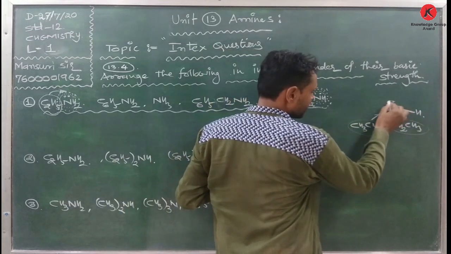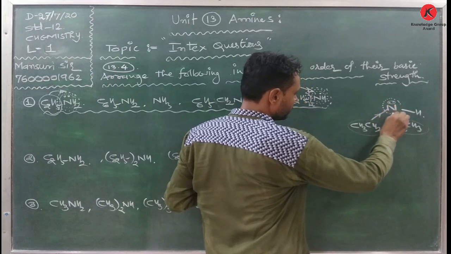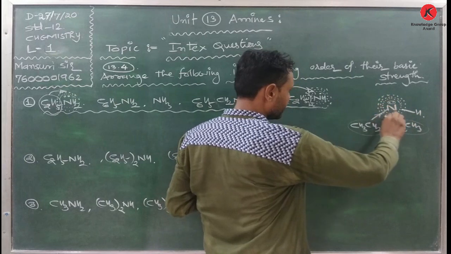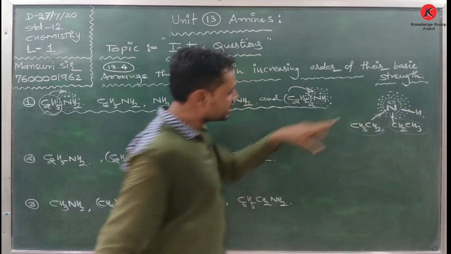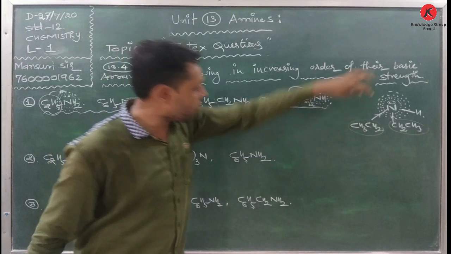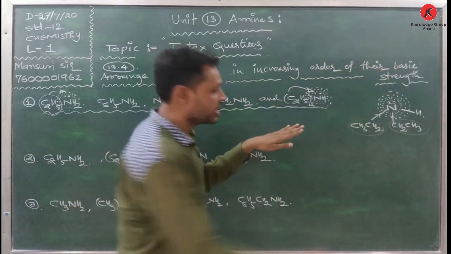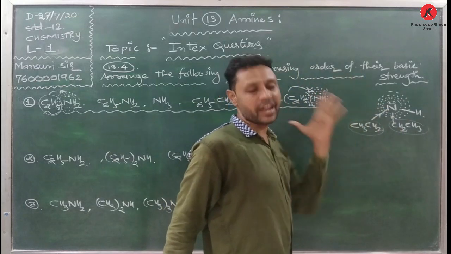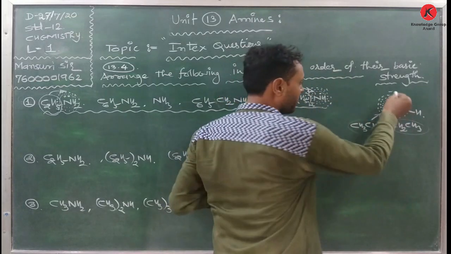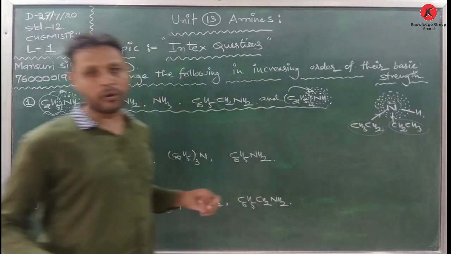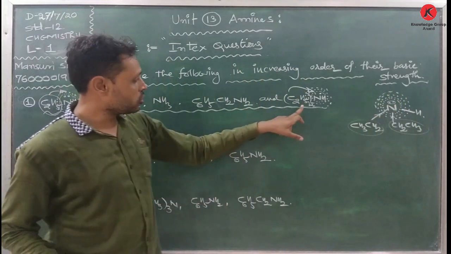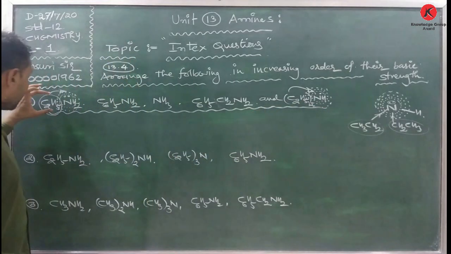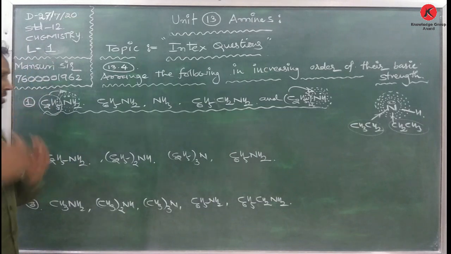That means the lone pair electron density on nitrogen will be increased, because these alkyl groups show plus I effect, that means positive inductive effect. So diethyl amine will be more basic and ethyl amine will be slightly less basic.